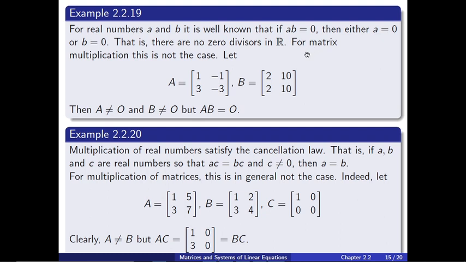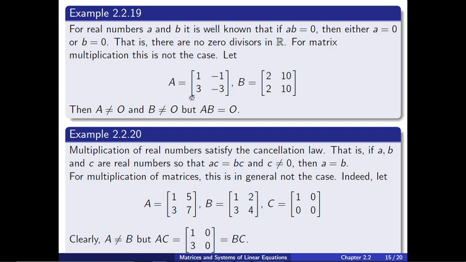And so for matrix multiplication, this is not the case again. So if you take, for example, the matrices that we are given, A is equal to that and B is equal to that, you'll see that A is not the 0 matrix, B is not the 0 matrix, but if you do the multiplication AB, you'll find out that you'll get the 0 matrix, meaning that we multiplied two non-zero matrices and we got a 0 matrix, which does not happen in real numbers.